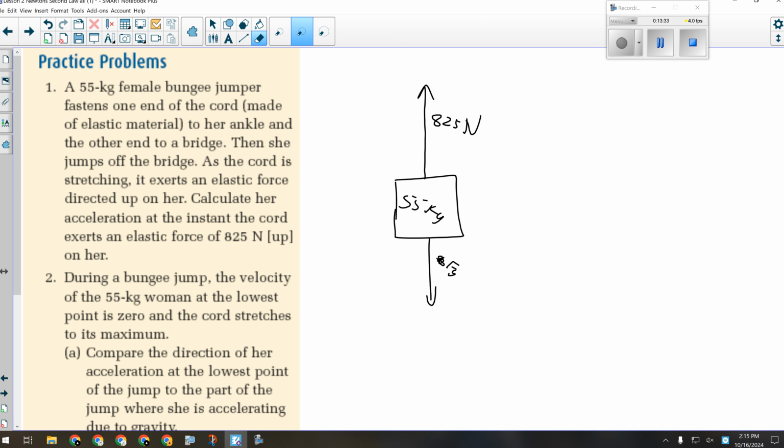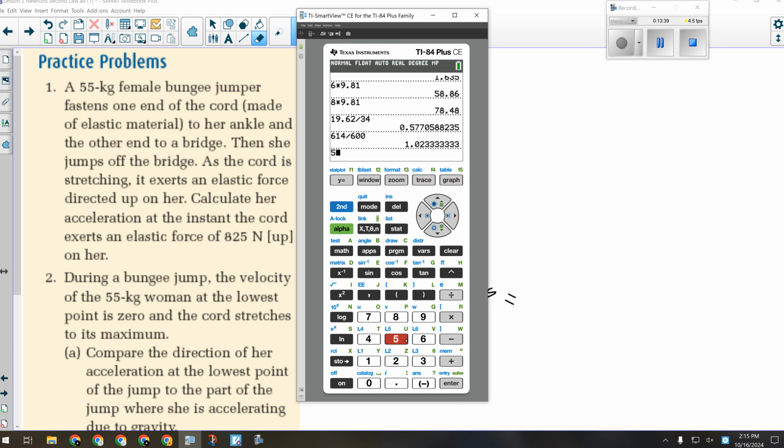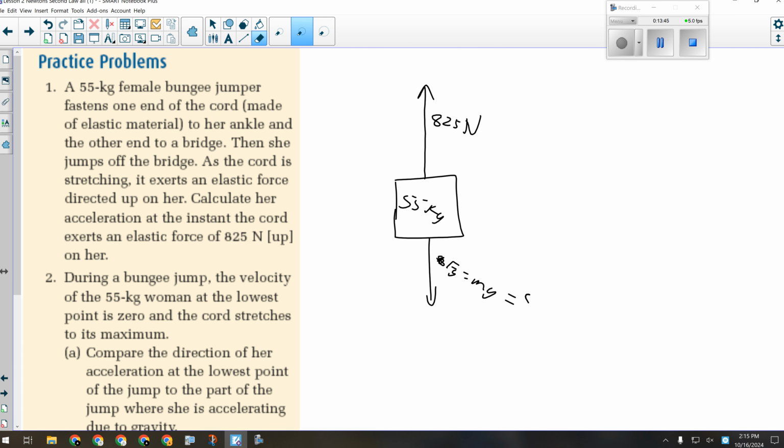So that's going to be force of gravity, and it's going to be m times g. So 55 times 9.81. So 539.55. Okay, so now I have the 2 forces. They want the acceleration. What can I calculate right now?